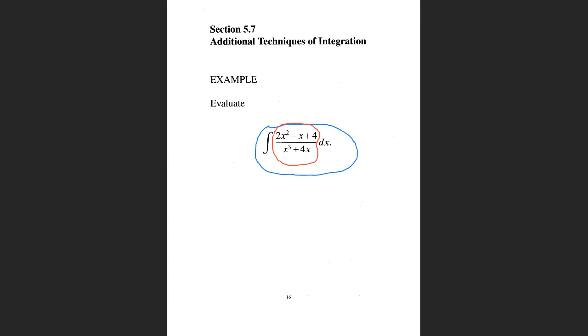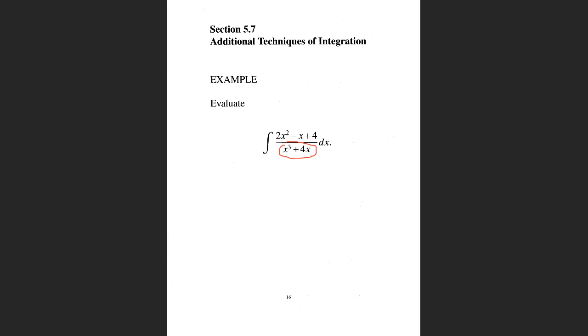Now, what do we have to do with the denominator when we do a partial fraction expansion? What do we always have to do with the denominator? Factor. That's correct. We have to factor that, and we know x cubed plus 4x can be factored, right?